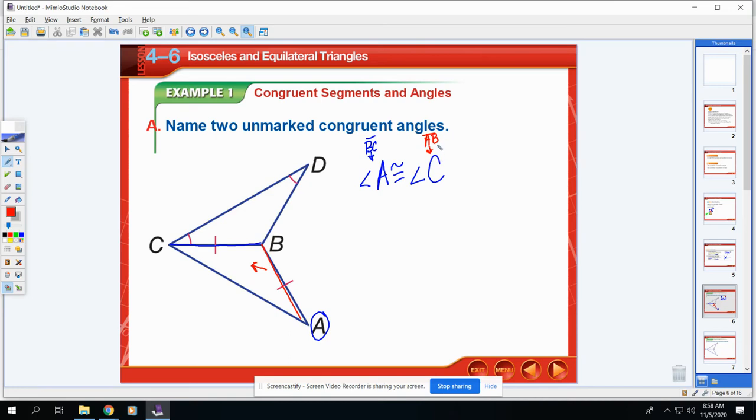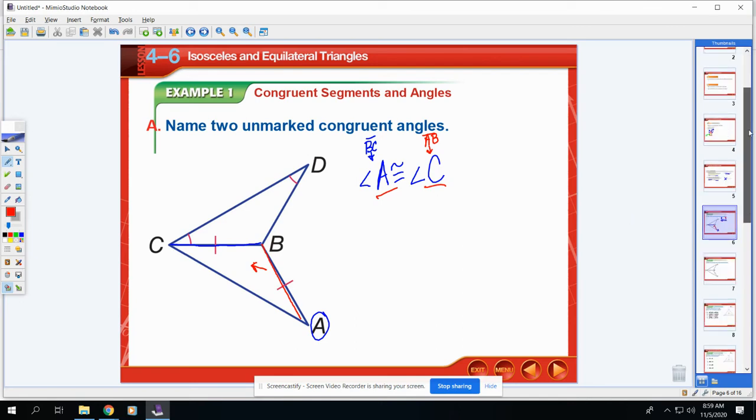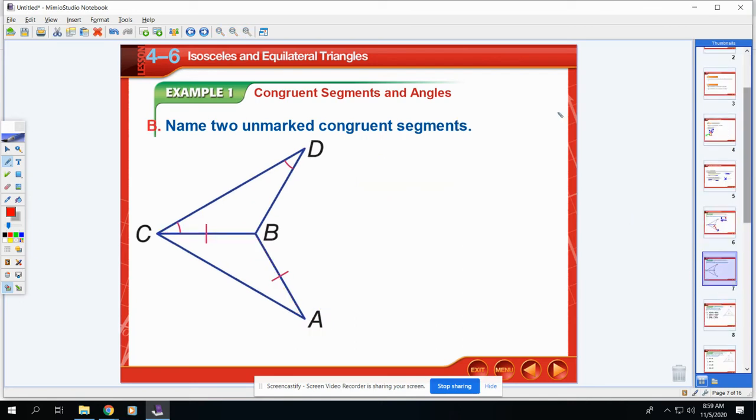A. AB, what was opposite of AB? C. When we take our two segments, most of the time the opposite angle is just going to be the third letter. The opposite of BC was our third letter in this triangle, which was A. Same thing with AB. The letter opposite of AB was the only other letter we had left in that triangle, angle C. So try to use that as a tool to help you.